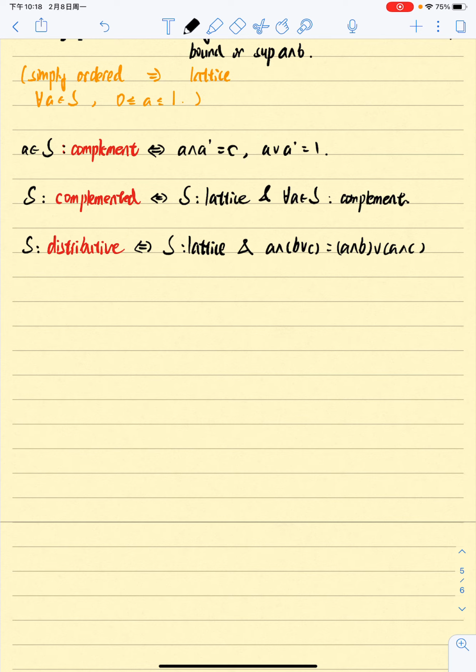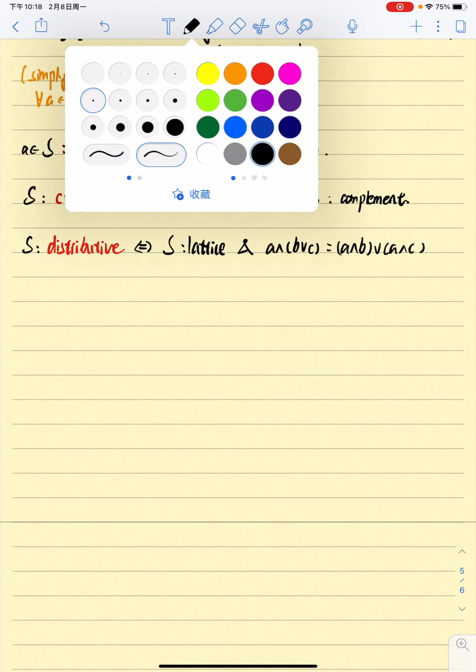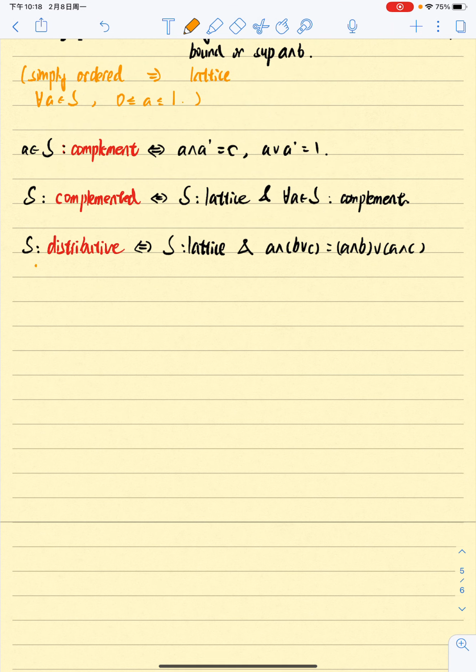Okay, in this distributive lattice, if there exists a complement, then this complement is unique. Okay, let us prove this.